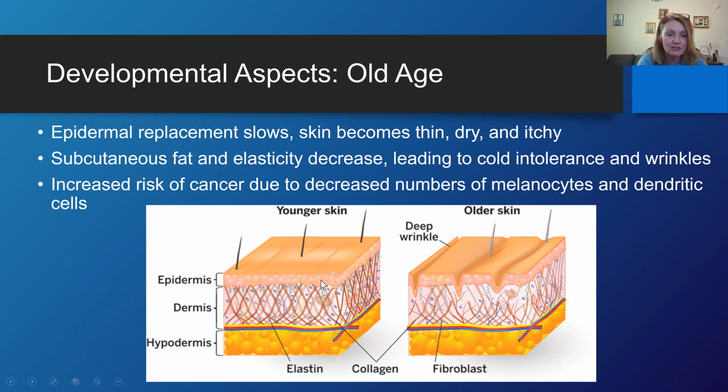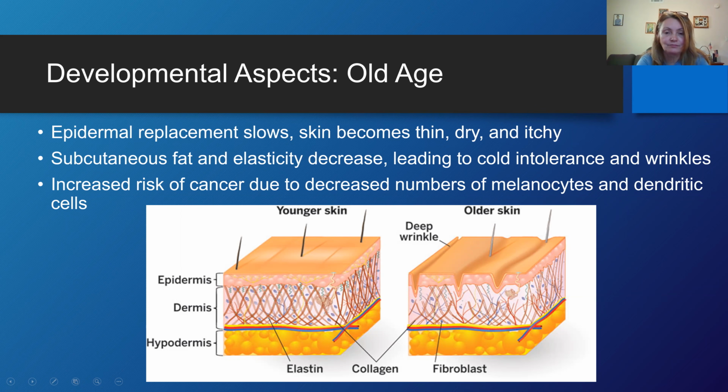If you look at younger skin, in the dermis, we have collagen and elastin, and they have very nice fibers. They pretty much have a defined pattern, and with older age, we have damage of collagen and damage of elastin. Fibroblasts, those cells that produce elastin and collagen, slow down the production of those proteins, and that leads to your skin losing elasticity and causes wrinkles.